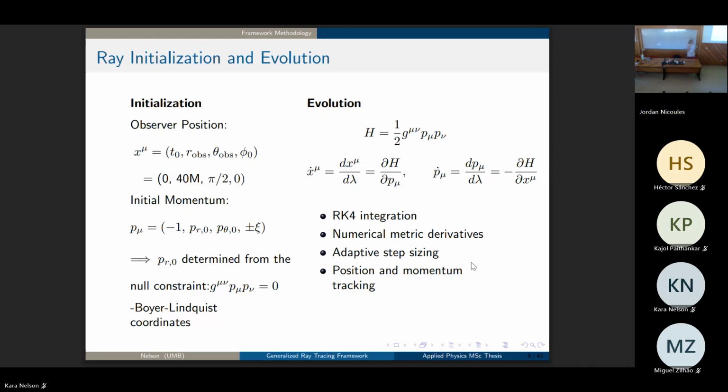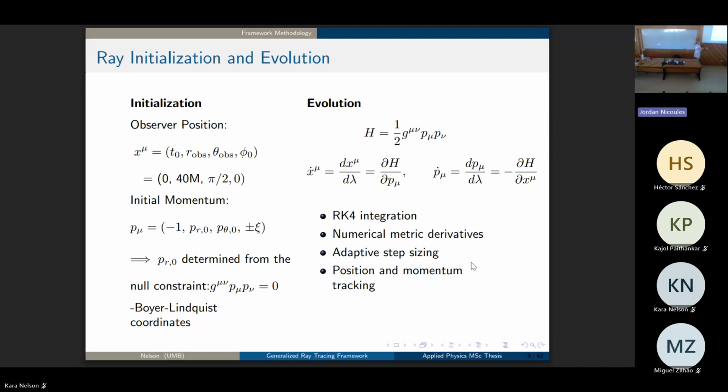So we use the null constraint as a tracker of these areas. When we deviate away from the null constraint, so if H is not within a certain tolerance of 0, we decrease the step size, so you can take smaller steps and be a little bit more careful around places like turning points where it gets hard to integrate. And when we're in a well-behaved area, we increase the step size back up.